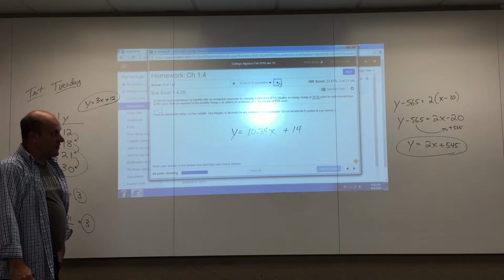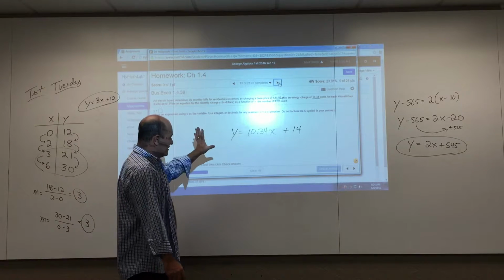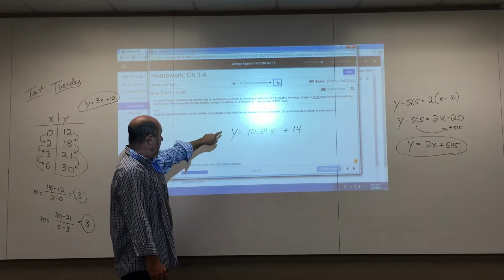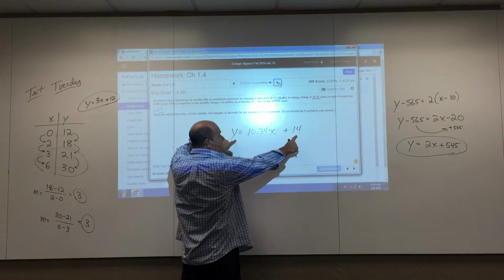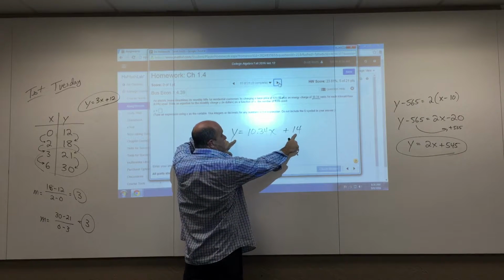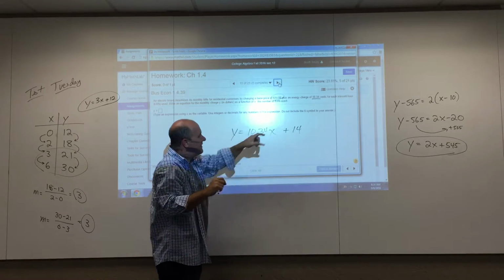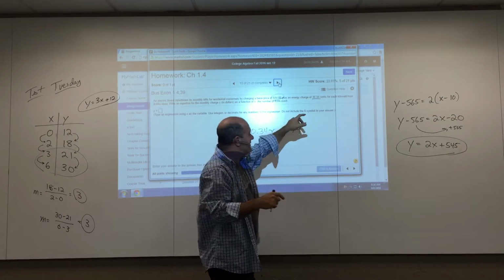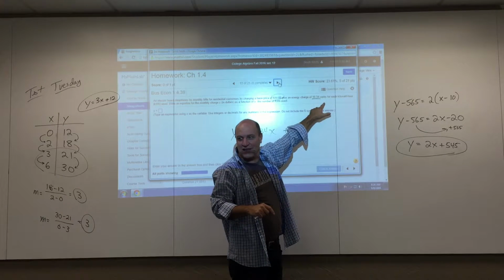They are a little tricky here, though. They want this to be in dollars. Let's just keep track of this a second. It says y is to be in dollars. What was this 14? Was it in dollars? It was in dollars, so that's cool. But what about that 10.34? I don't know. If that's 10 cents, then I shouldn't call it $10.